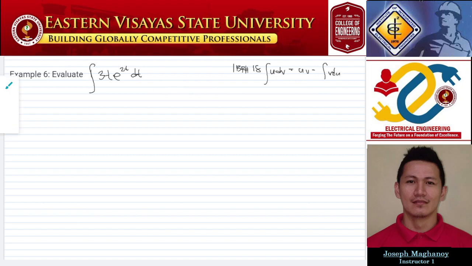So identifying, this is a combination of trigonometric and exponential. So for our u, and this is our dv. We let u equal to 3t. So your du is 3. How about your dv? That's equal to e to the 2t dt. Since it's a constant, we only apply the power. So this is 1/2 e to the 2t.